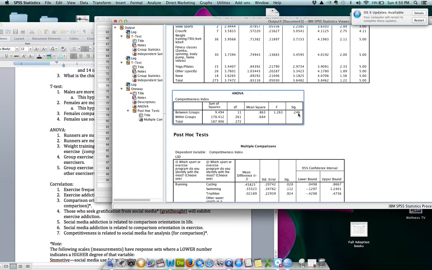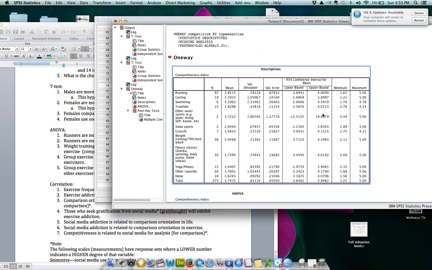Boo-hoo. But as you can see, it makes sense because aside from snow sports, the two people in snow sports, cycling and swimming seem to be least competitive. Weight training and running seem to be about the same. So that's what ANOVA tells you. It looks at differences among all of these.